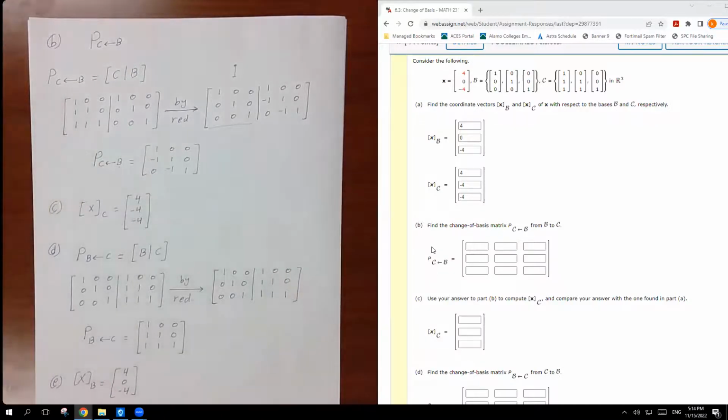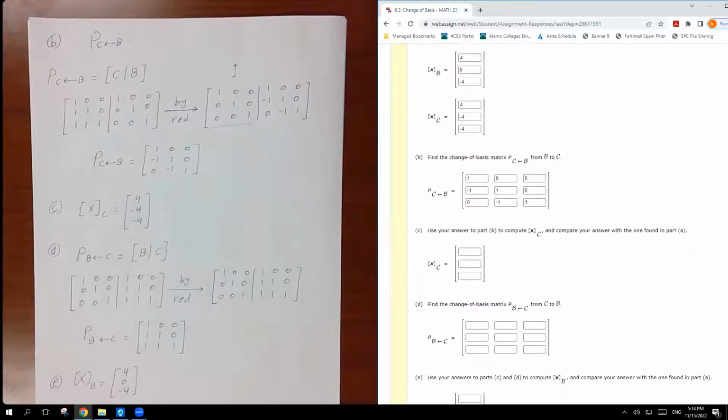So the change of base from B to C is going to be 1, 0, and 0. The second row is -1, 1, 0. The third row is 0, -1, and 1. Let's move on.